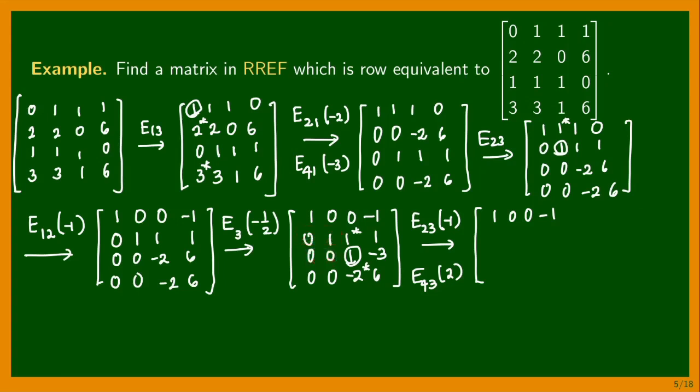It will become 0, 1, then negative 1 times 1 plus 1 is also 0. That's the goal, in fact. Negative 1 times negative 3, that's 3, plus 1 is 4.